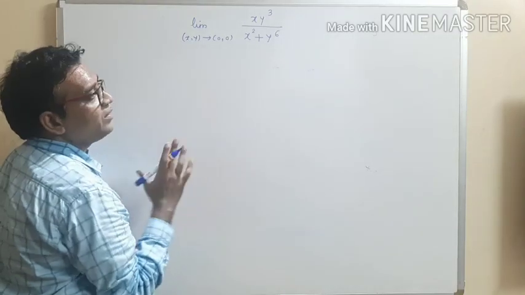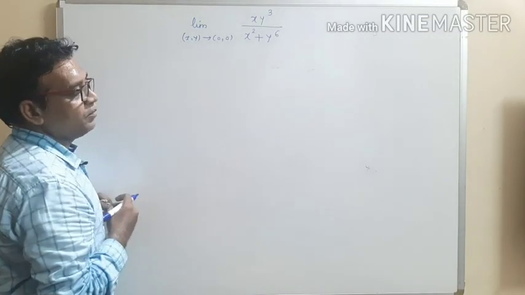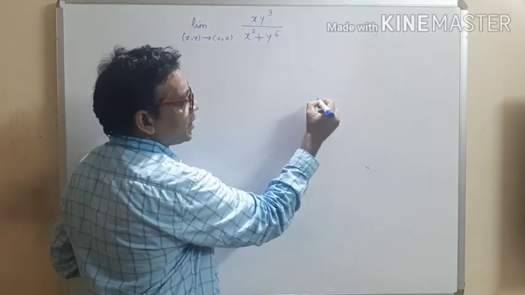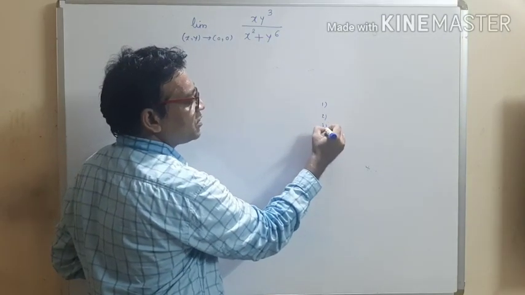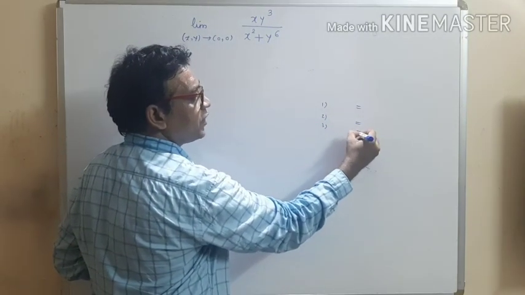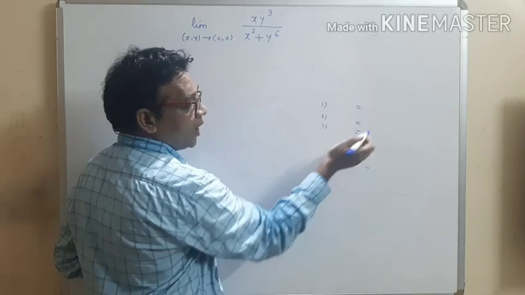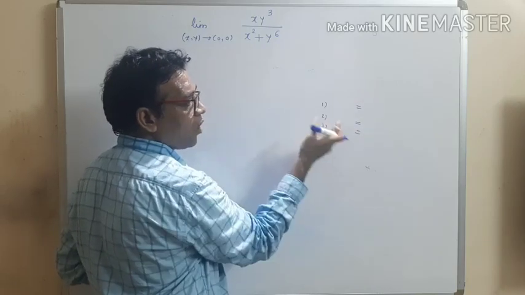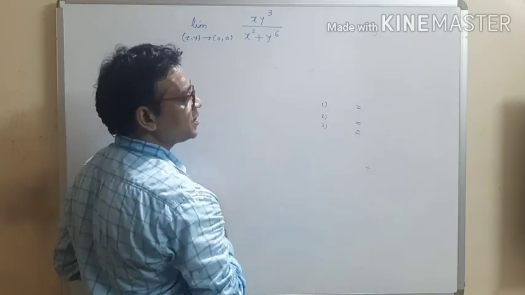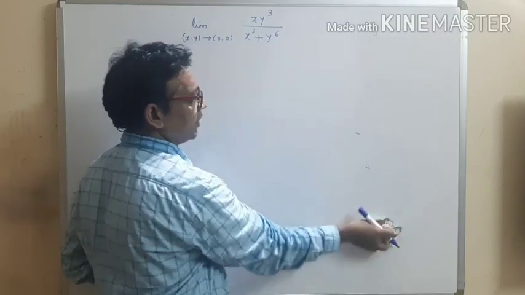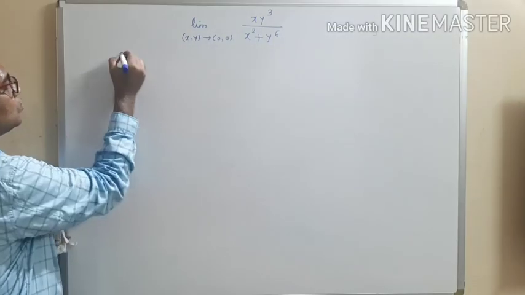How to evaluate the given limit? The process is same. Just take different equation and get some different limit. This is the process. If the limits are different along different paths, so we can say that limit does not exist. So write down solution.